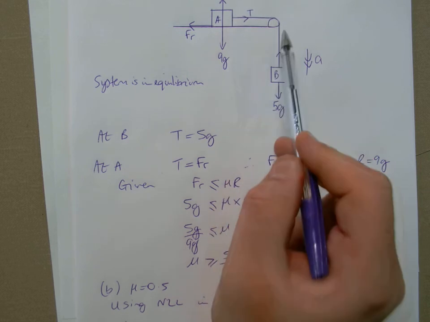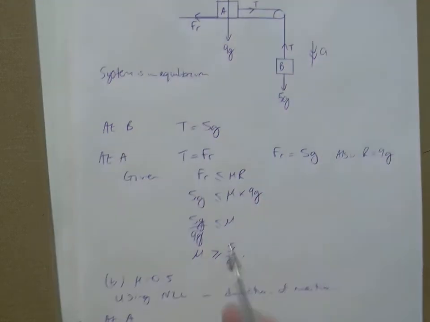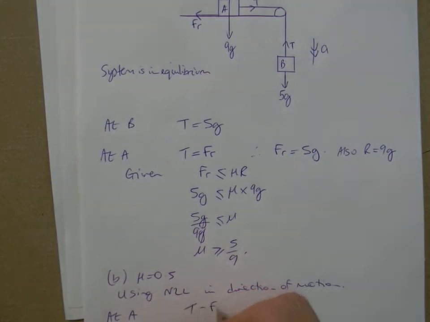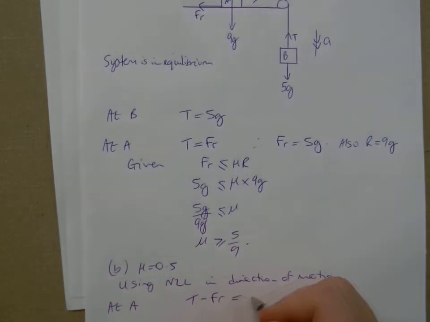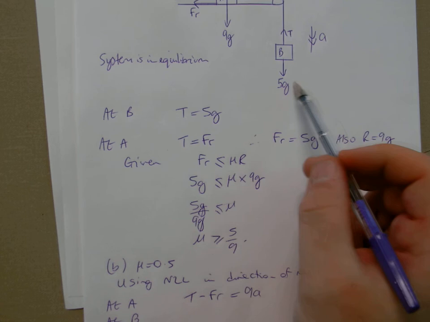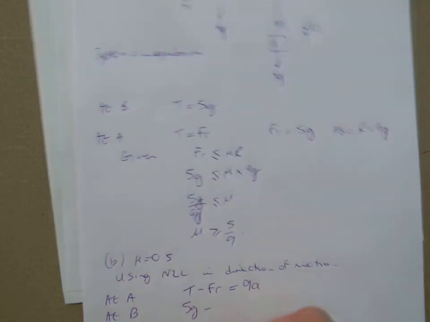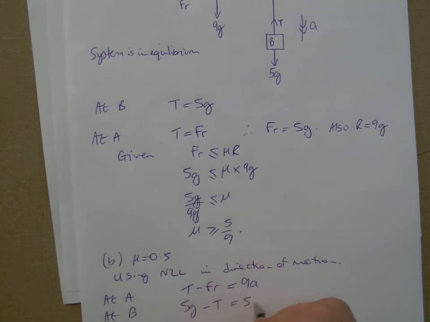The string's going to pull it this way. So at A, it'll be T take away the friction, which will equal mass times acceleration. The mass of A is 9. And then at B, it'll be the weight, 5G, take away the tension, which will equal 5A.